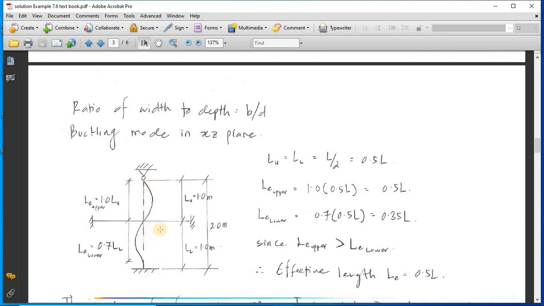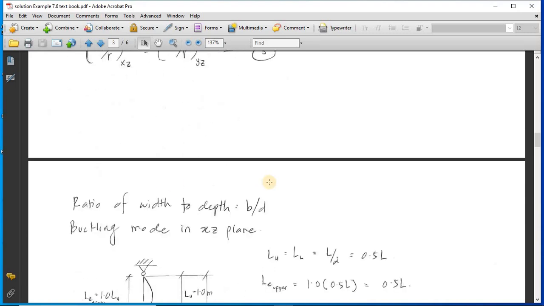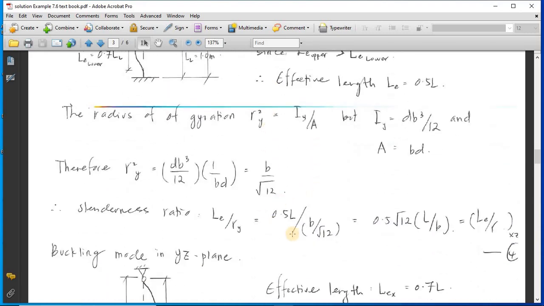Right here, we will make this slenderness ratio into this particular form, which is 0.5 multiplied by the square root of 12 multiplied by L over B. We make the slenderness ratio in this plane in terms of L and B, because our objective is to get the ratio of a cross section of a rectangular shape.